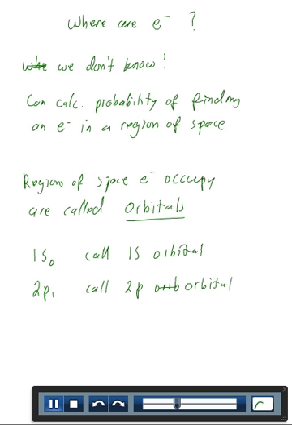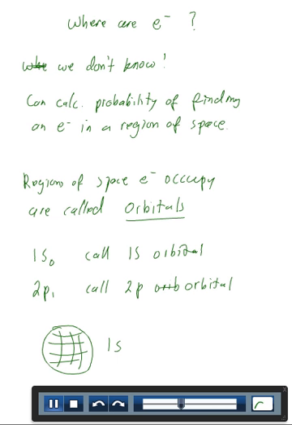Orbitals have various shapes. S orbitals are spherical in nature. So we'll draw a sphere here. That would be like a 1s orbital. What that sphere represents is a probability of finding an electron.